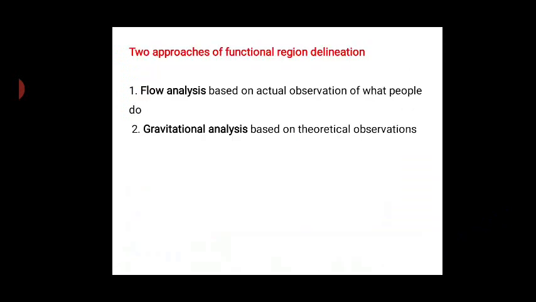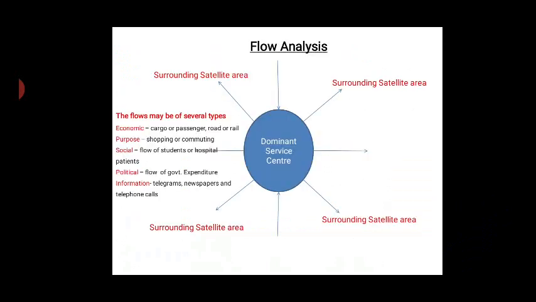Other approaches for delineation of functional regions: flow analysis and gravitational analysis. Flow analysis. Each and every dominant service center has surrounding satellite areas, a periphery area, and a fringe area, on the basis of some flow of services, namely economic services, social services, political services, and information services.